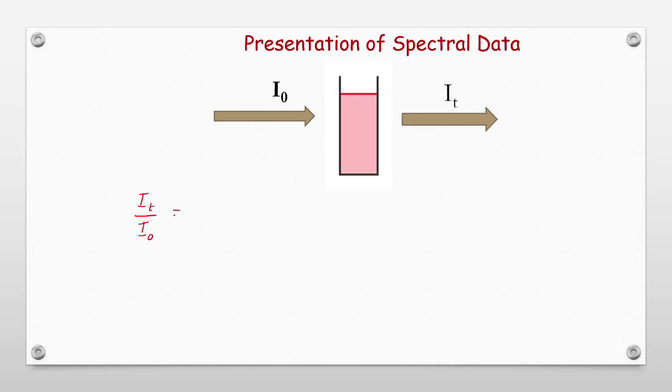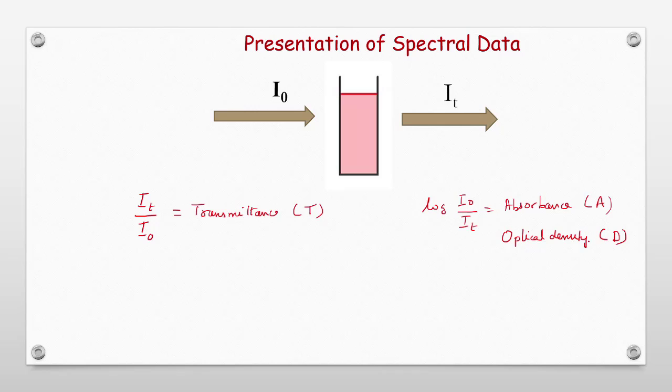And IT by I0 is called the transmittance, represented by capital T. And the term log I0 by IT is called the absorbance, represented by capital A. It is also called optical density, represented by capital D.